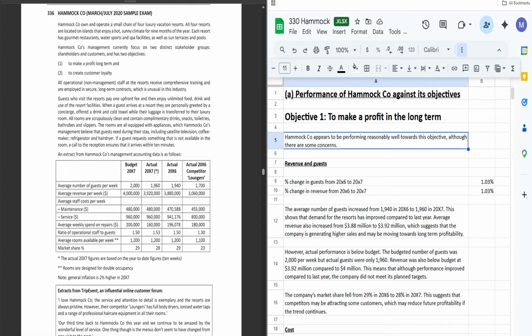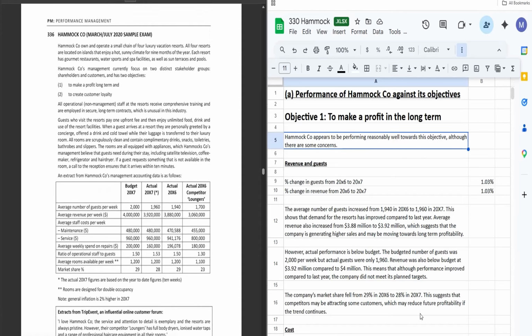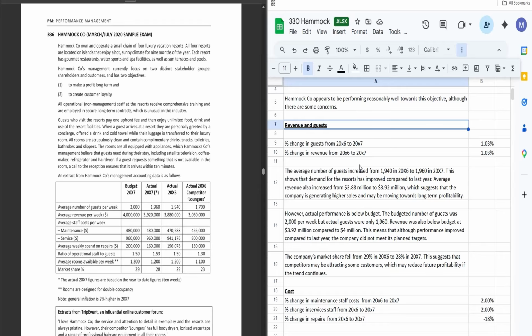So now I have started with the revenue and the guest figure. If we compare the actual figure of the last year and the actual figure of the current year, the current year is 2007 and the last year is 2006. We can calculate the percentage change in the guest number per week.